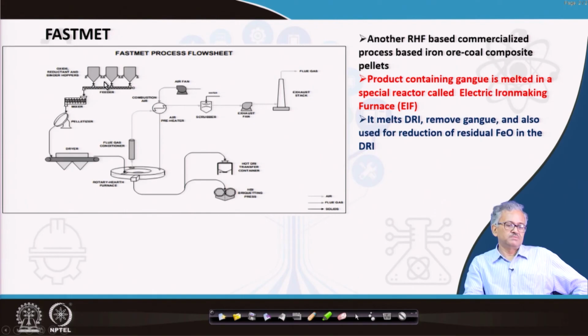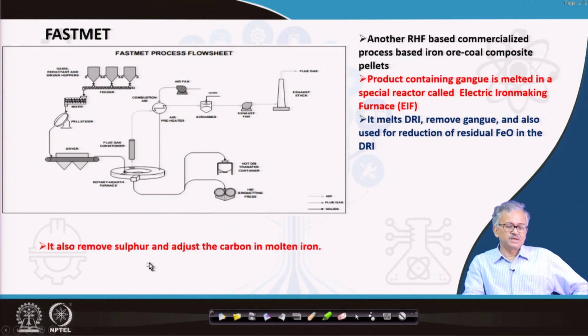Because in the Fastmelt process, whatever metallized iron you get, the metallization may not be very high, maybe 80%, so a lot of FeO is there, a lot of iron is associated with oxygen. So, you require some liquid state reduction also. That is why it melts the DRI, removes the gangue, and is also used for reduction of residual FeO in the DRI. Some residual FeO will be there, that you can reduce.